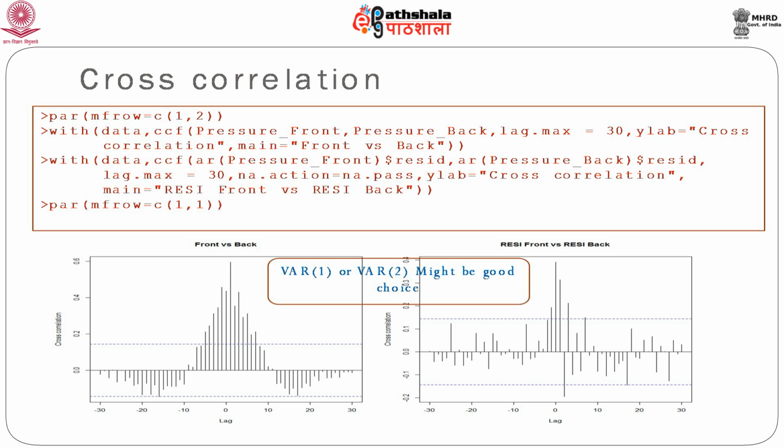Similarly, the AR model with order 1 was fitted for the pressure at the back of the furnace, and then the residual was derived with dollar resid. The AR object itself stores the residual by default, so you just need to extract the residual from the AR object after fitting.